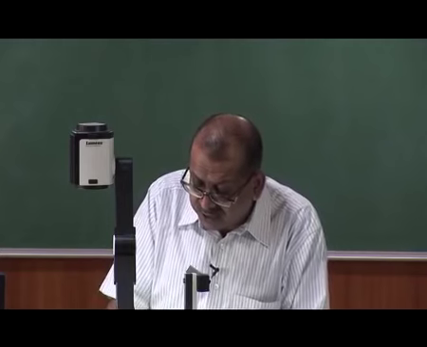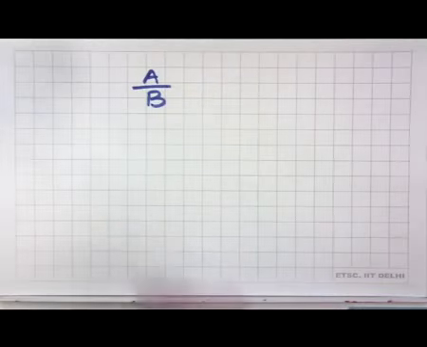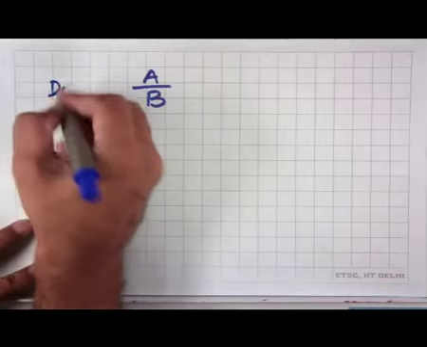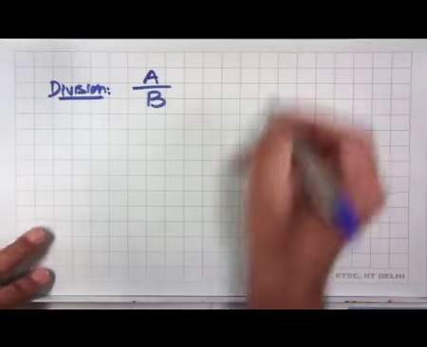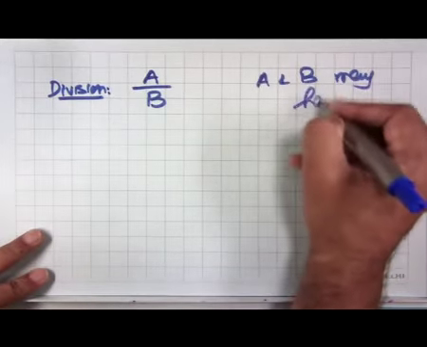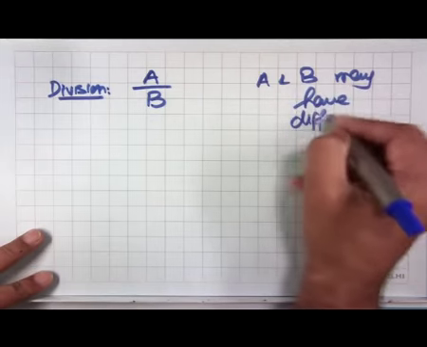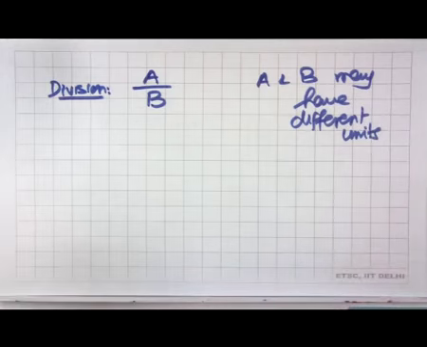And similarly, we can carry out a division of a scalar A by a scalar B. Now, when we do the division, these quantities A and B may have different units. And the quotient which we will get will be the division of these two units.